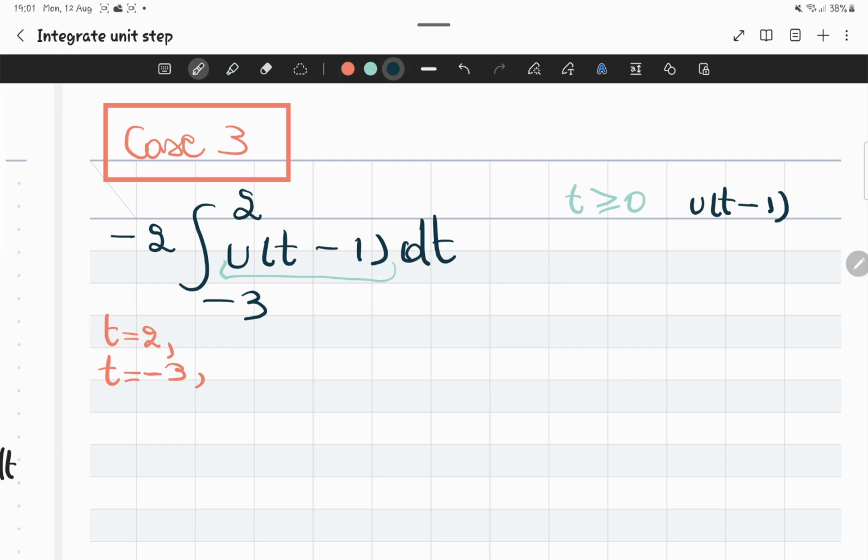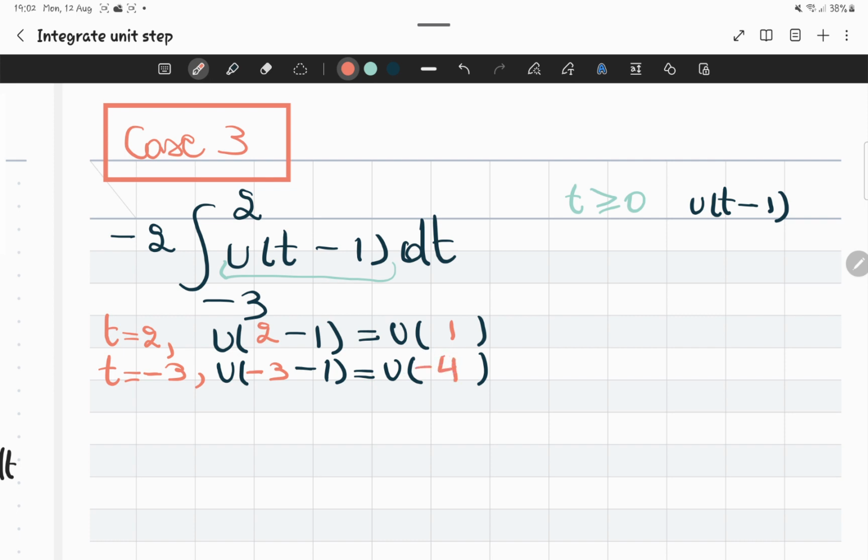Now we have u of t minus 1. So what is the value at 2? t is 2 and negative 3. 2 minus 1 is going to give us 1. Negative 3 minus 1 is going to give us negative 4.